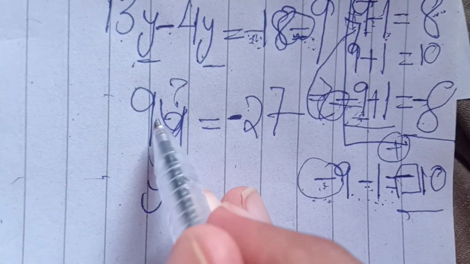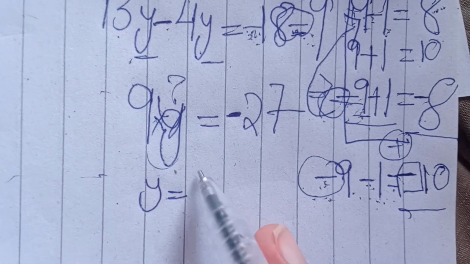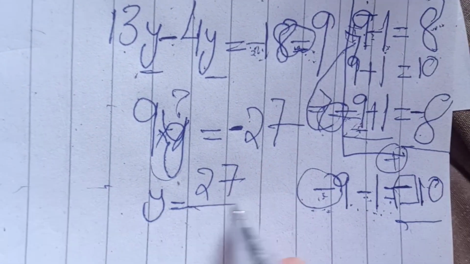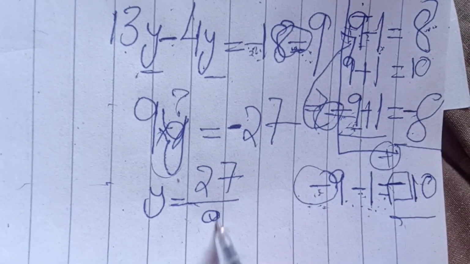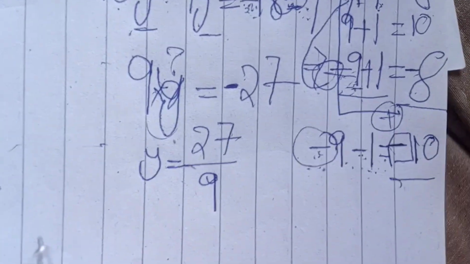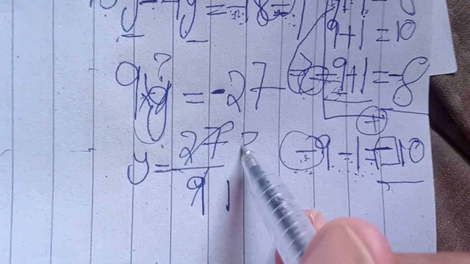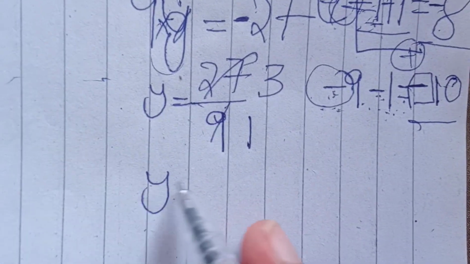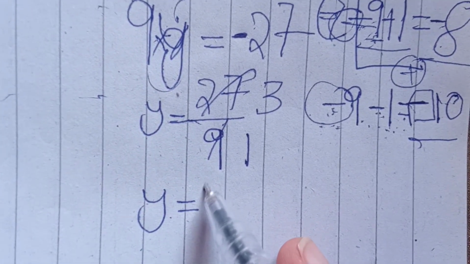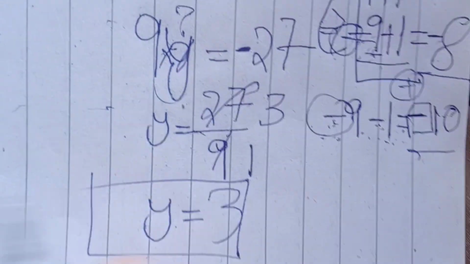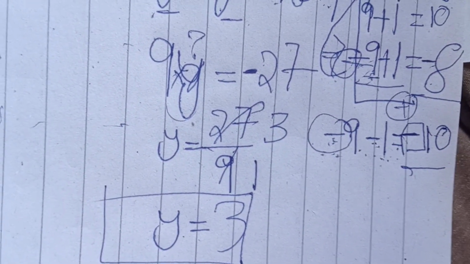So 9 here is getting multiplied by y. It moves to the right hand side and gets divided. 9 ones are 9, 9 threes are 27. So we have estimated the value of y as 3. I hope you cleared your questions and concerns.